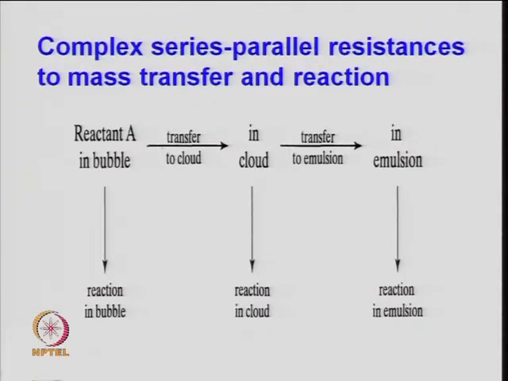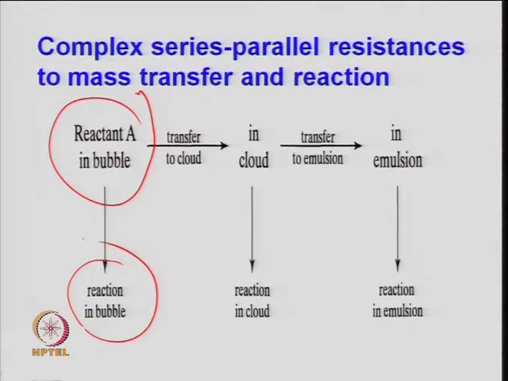So, we have a reactant A in the bubble, that is what I said. It will react because it has solid surrounding it, right. So, there will be some reaction, there is some concentration of the solid. So, depending upon that there will be some reaction in the bubble. The rest which could not react will transfer to the cloud.